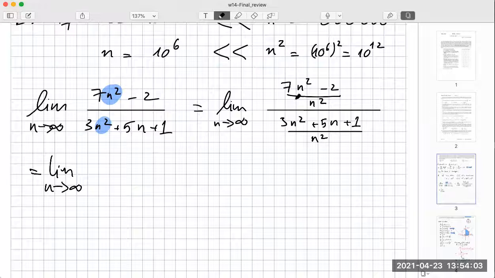And now when we do this, the fraction on top here, we can separate it and it becomes 7n squared divided by n squared minus 2 over n squared. For those who don't remember these rules of fractions, this is how you deal with this.